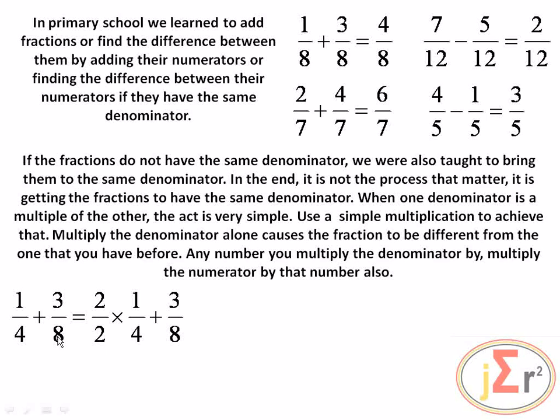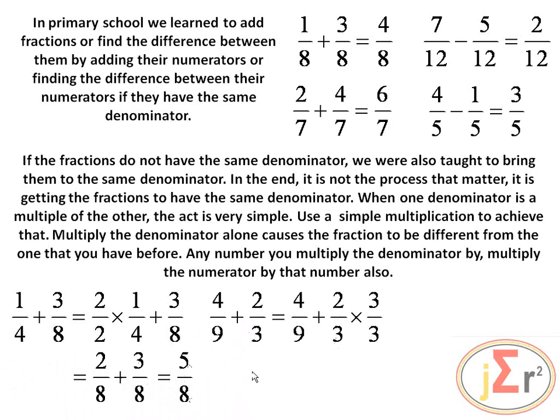To get the same denominator, we multiply the 4 by 2 to get 8, but we need to multiply the numerator also. So that turns out to be 2 over 8. So 2 over 8 plus 3 over 8, and that is very simple. 2 plus 3 is 5, so 5 over 8.